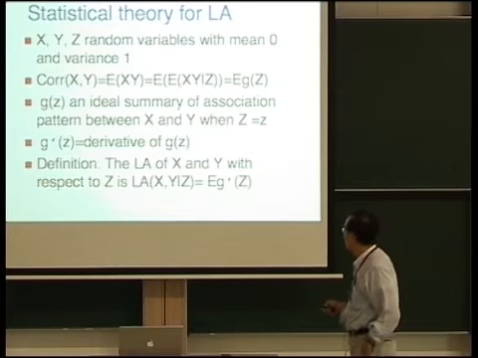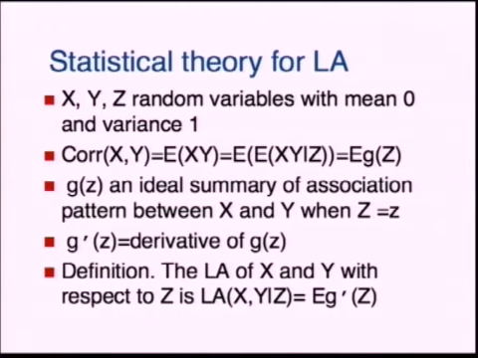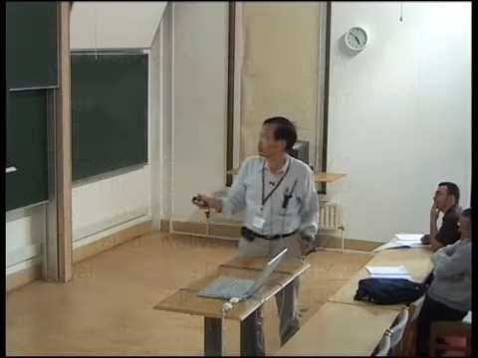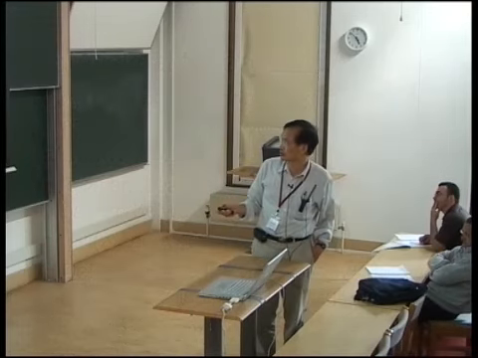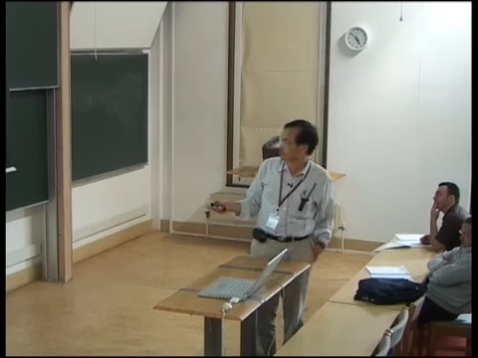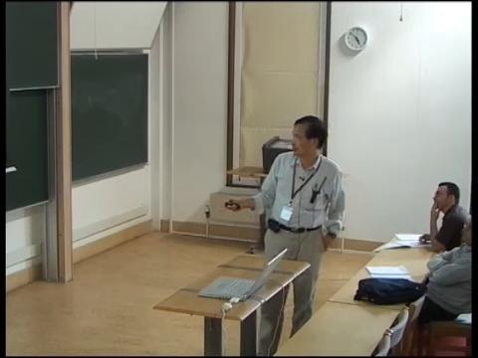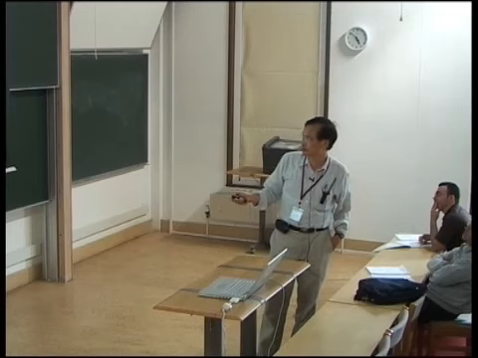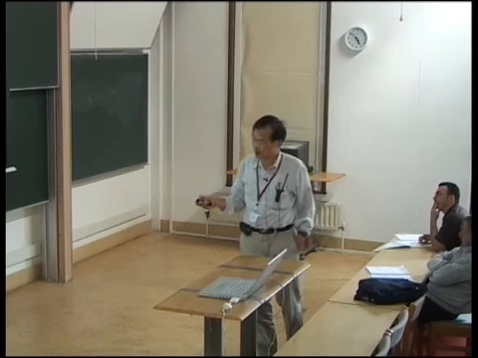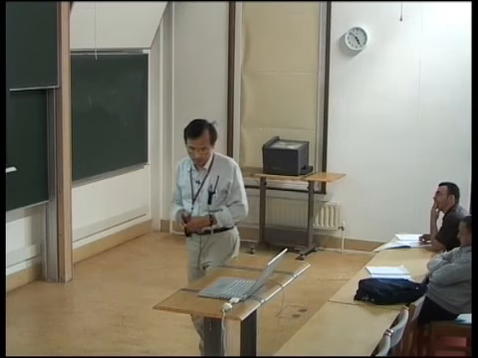So g of z is an ideal summary of the association pattern between X and Y when Z is fixed at the lowercase z. And because we are interested in the change of this association, let's take the derivative, that's g prime. And finally, let's take the average, because you have so many Z's to look around. So this will be a first order approximation.